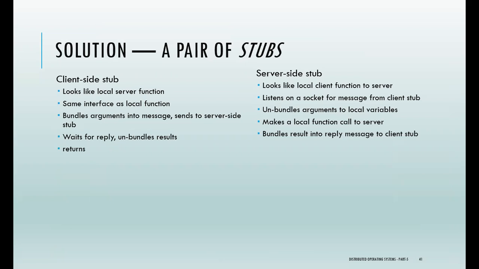It has the same interface as the local function, bundles arguments into messages, sends them to the server-side stub, and waits for a reply. The server-side stub looks like a local client function to the server. It listens on a socket for a message from the client stub, unbundles the arguments to local variables, makes a local function call to the server, and bundles the result into a reply message to the client stub.